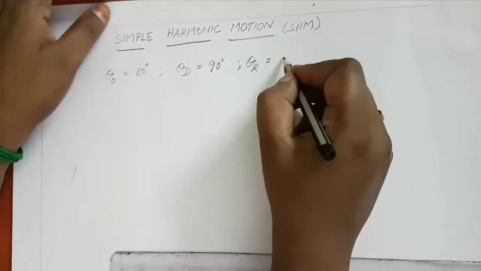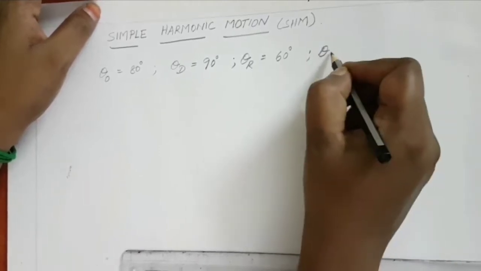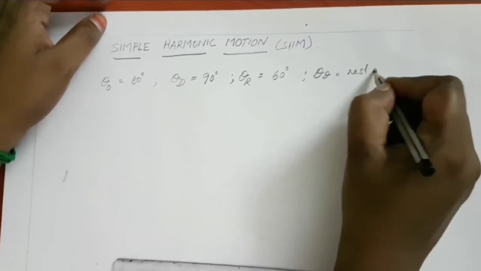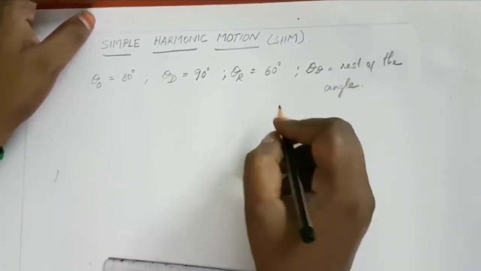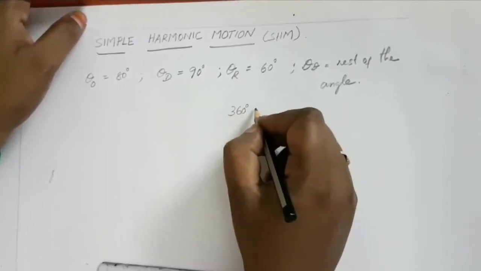Then this one I am taking as nearly 60 degrees, and the remaining angle is theta D again. Sometimes they won't give this angle, you need to calculate it. I already told you that 360 degrees is the total cam rotation.